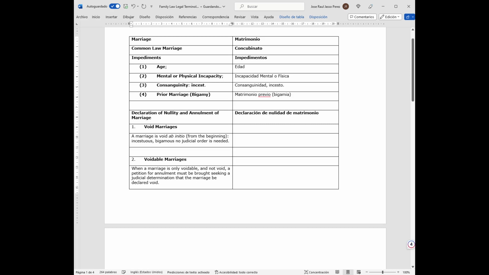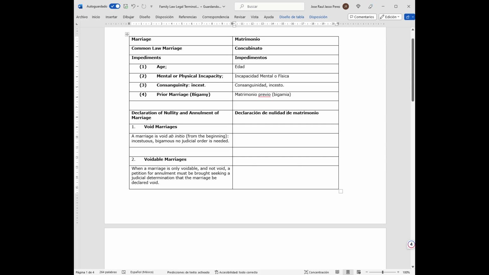So these two words, nullity and annulment, we will use the same word in Spanish, nulidad, because we can separate them as nulidad y anulación, but it would be redundant in Spanish to say it that way. So I will just keep one word, nulidad. And we will understand the two differences next in Spanish.